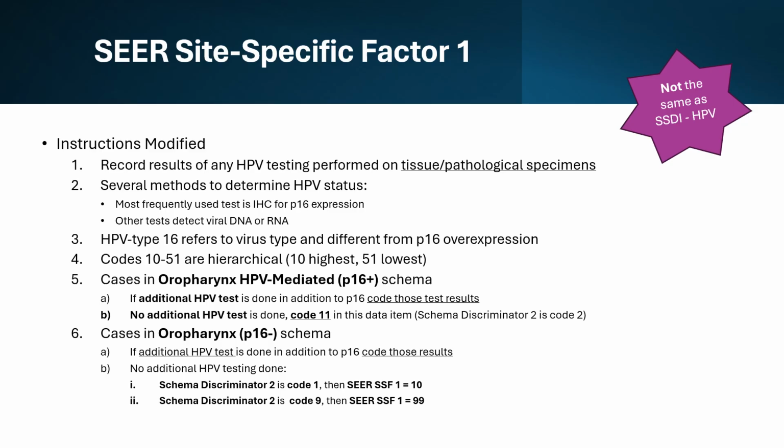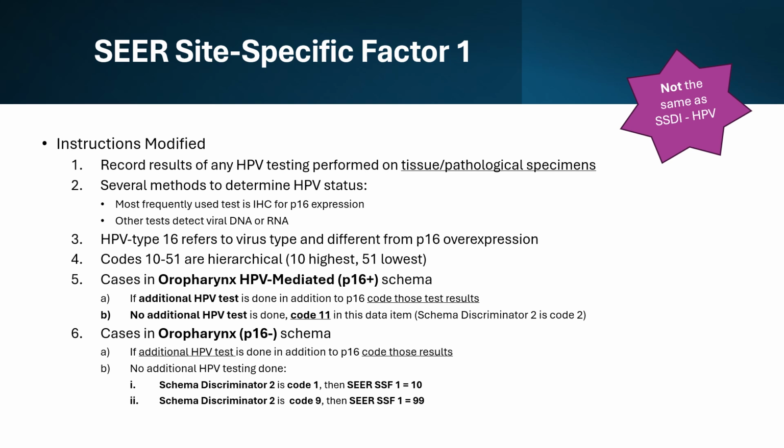For SEER site-specific factor 1, which is the HPV status, this is different than the SSDI data item for HPV or P16. For SEER site-specific factor 1, HPV is based on tissue or pathologic specimens. The SSDI is based on blood or lab reports.